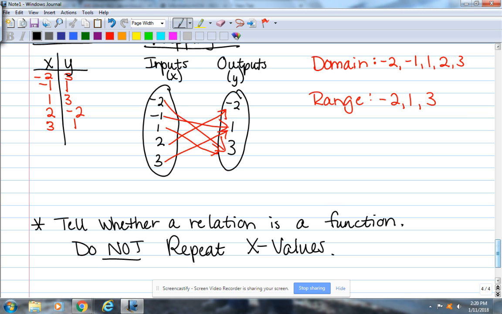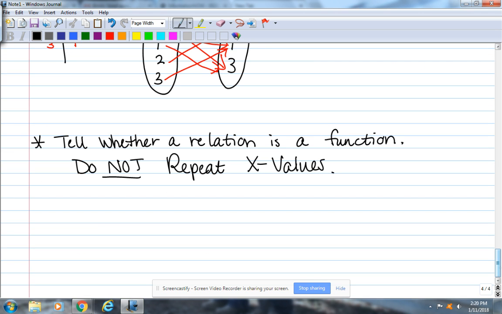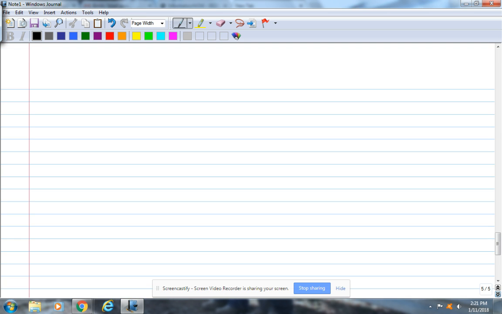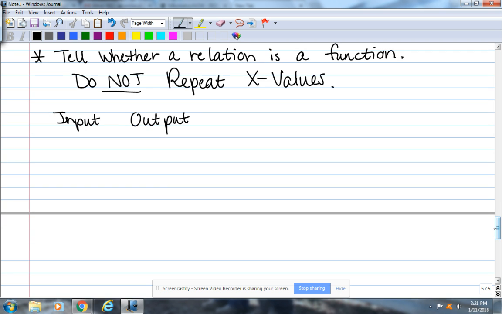So I'm going to show you some examples of some relations, and you guys are going to tell me if it's a function or not. And I'm going to give you some mappings. I'm going to get some more space. Say I have this mapping.